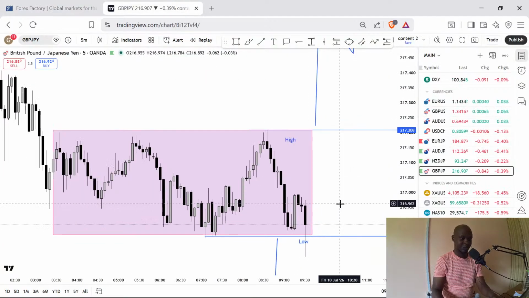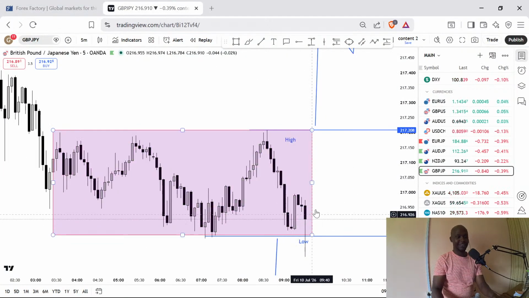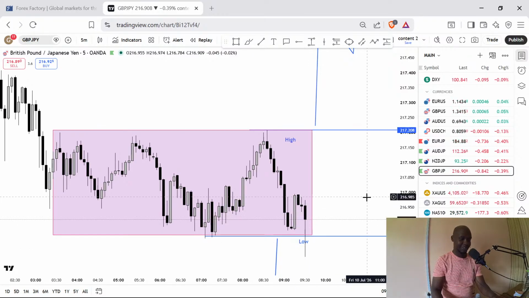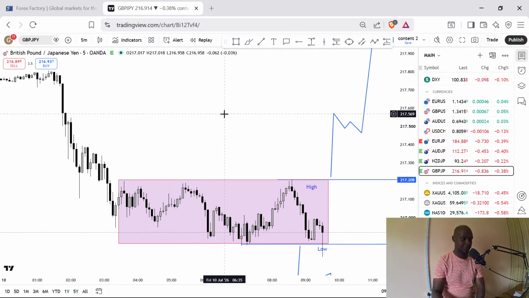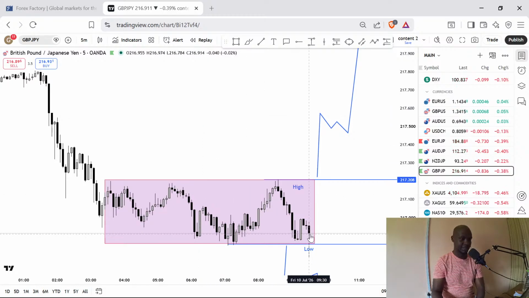I don't know what's causing this sort of price action, but let's wait and see how that candle is going to close. If you can close outside of this range, as I was saying, you get a very good strong bearish candle close. I'll be waiting to see if we can get another strong bearish candle close, taking prices lower, then I can look for pullback entries.